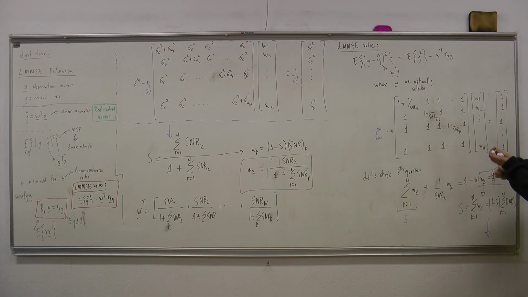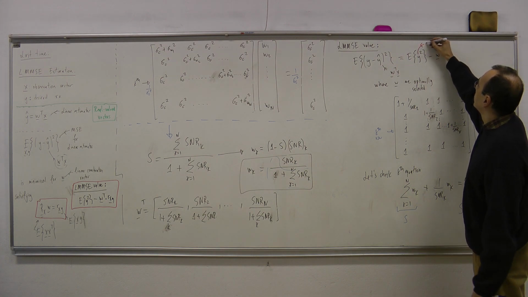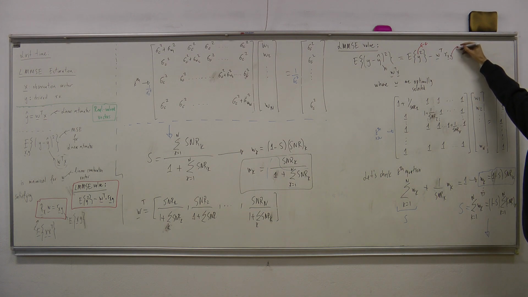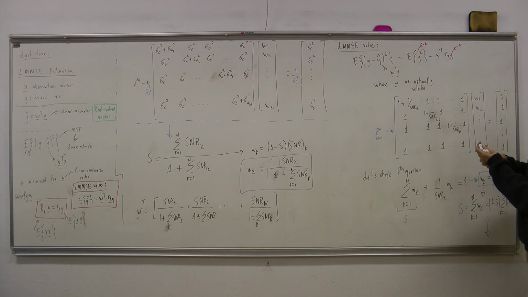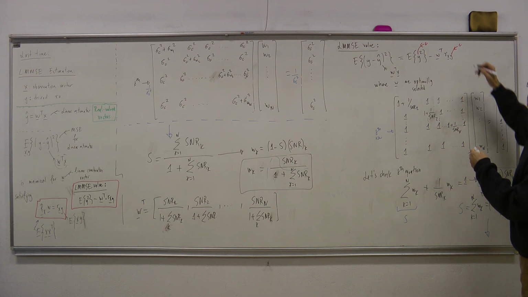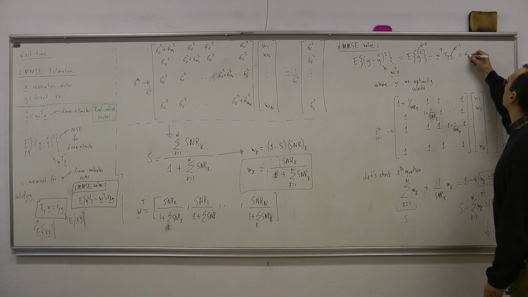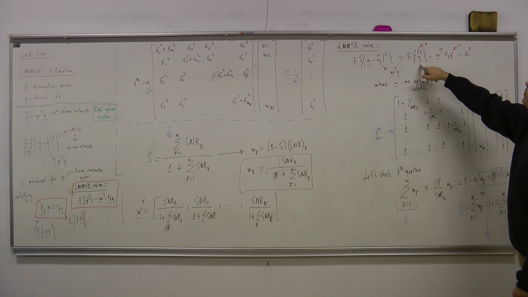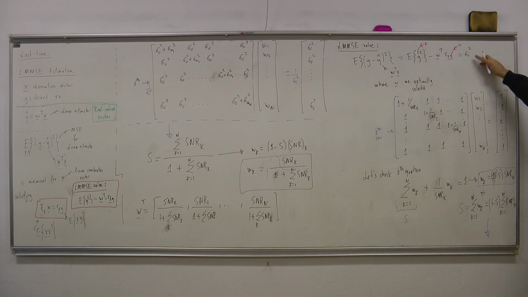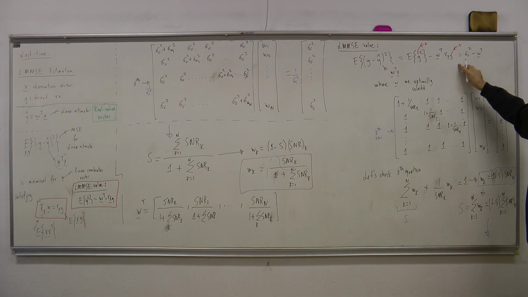So in our case, y is equal to c, the desired variable is c. Let's remember, the expected value of c squared is sigma c squared, minus W transpose times RXY.